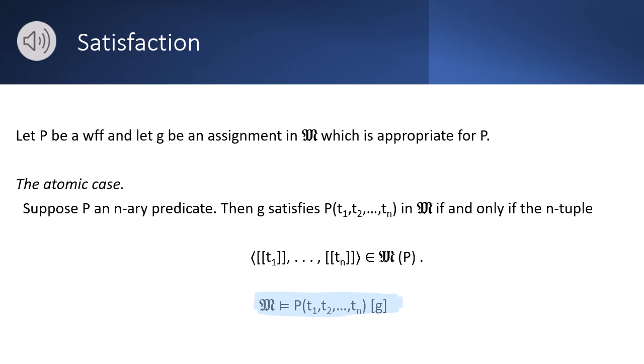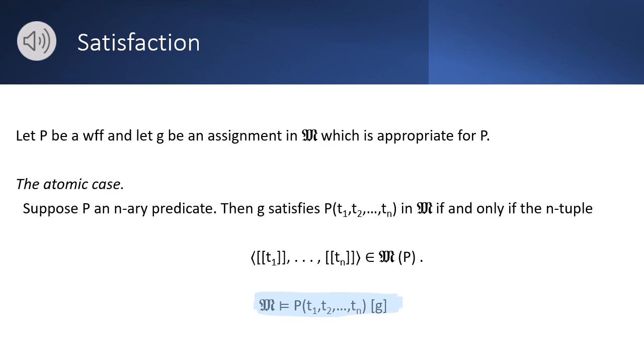Okay, so being a bit more precise, let P be a well-formed formula, and G be a variable assignment in a first-order structure M, where this variable assignment is appropriate for P. Remember, that means that any of the free variables appearing in P are within the domain of G, and so they get assigned a value of the domain of discourse by that function G. On the other hand, M also assigns an element of the domain of discourse to each one of the constants within our first order language.